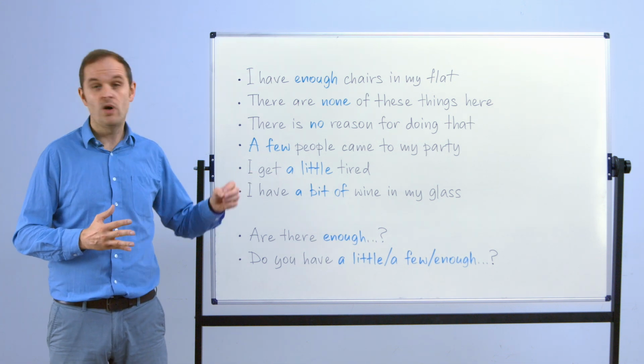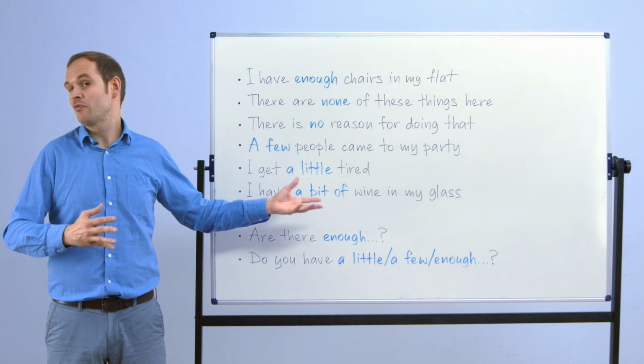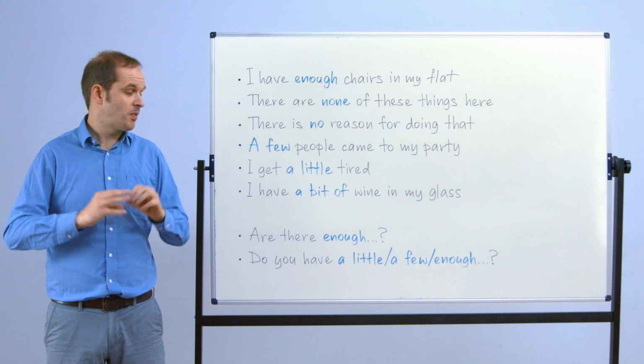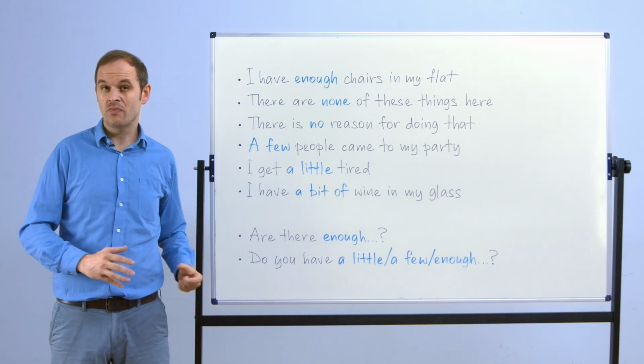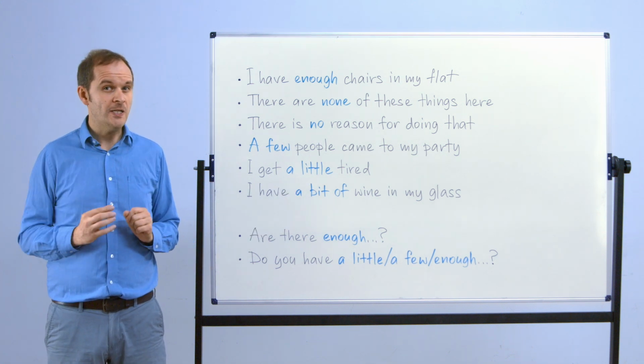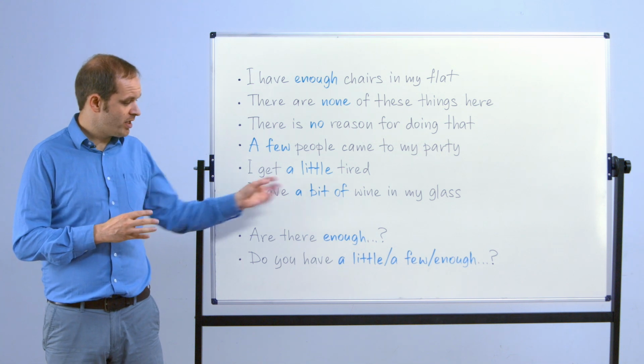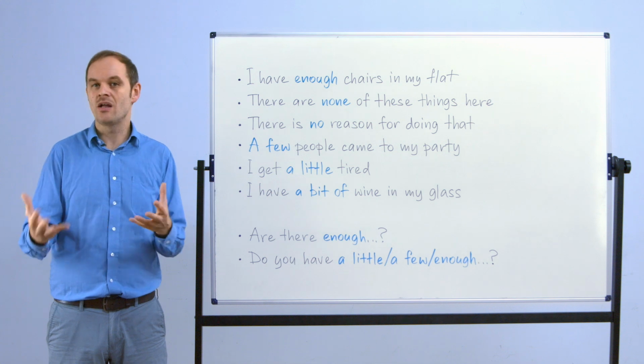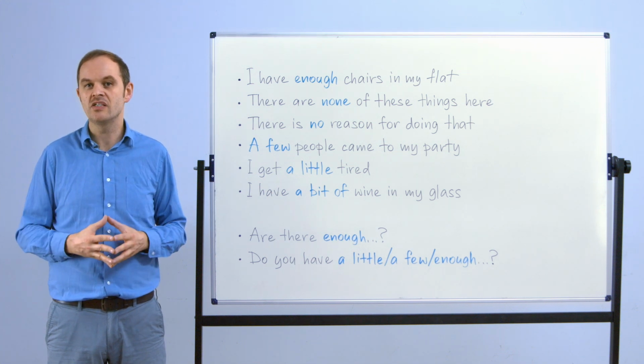I have a bit of wine in my glass. Now, depending on whether this person wants more wine, this could be described as negative. But generally speaking, when we're talking about a bit of something, we're describing a small number. Are there enough? Well, this question is very useful, as in, is the number what we need? Do we have enough of these things?